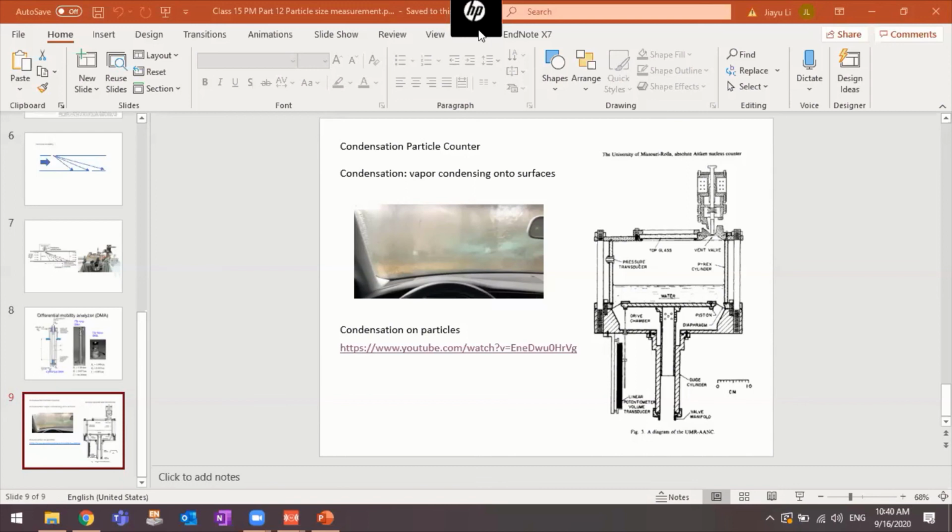Also related to this point, remember in the class we talked about when the particle size is much larger than the mean free path, the Cunningham correction factor is close to 1. Some of you asked me, what does it mean by much larger? We typically use the larger-than symbol and double that to show that it's much larger.